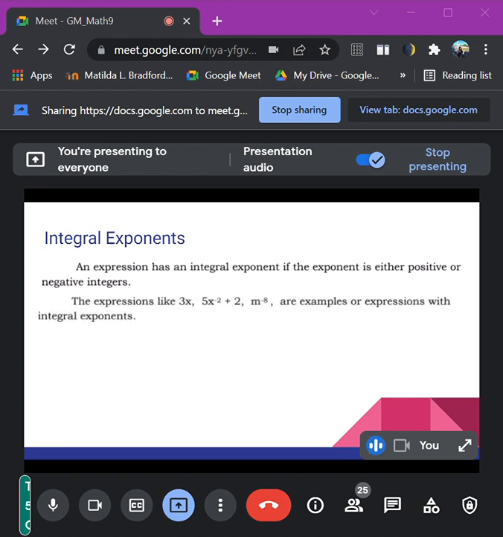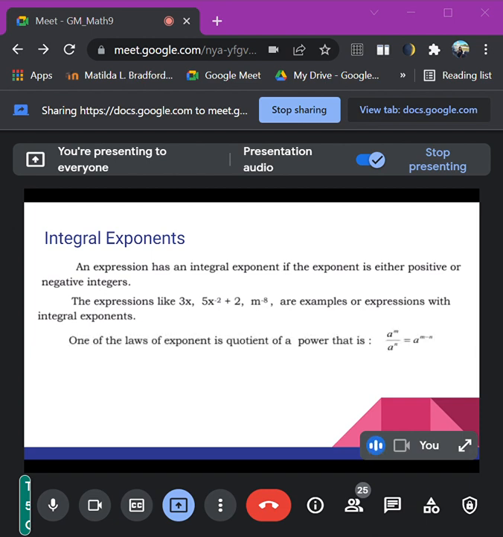So the exponent can be positive or negative. Expressions like 3x, 5x raised to negative 2 plus 2, and m raised to negative 8 are examples of expressions with integral exponents. Because as you can see, here the exponent is 1, not negative 2. If it is a whole number, class, the exponent is raised to 1. And this one is negative 8. So it is either positive or negative. Those are examples of integral exponents.